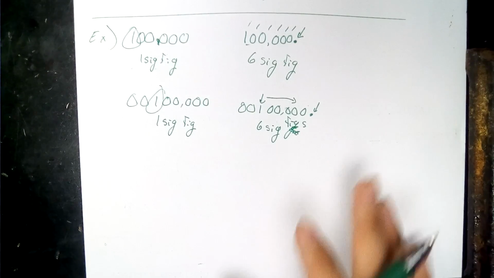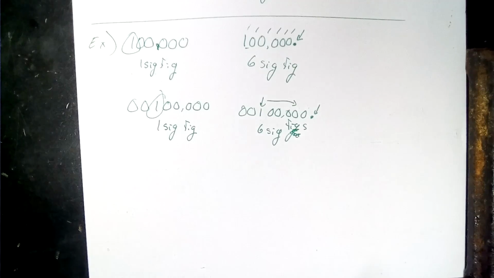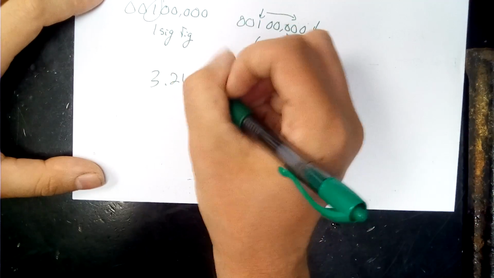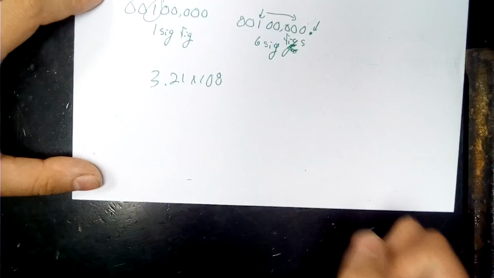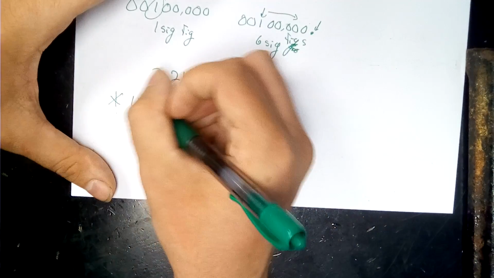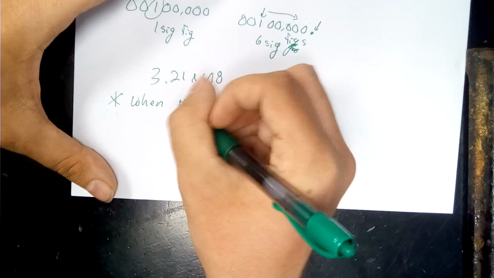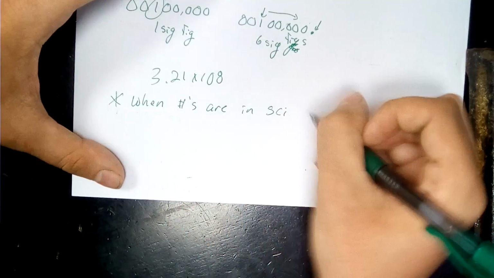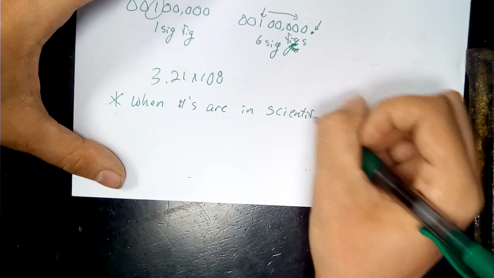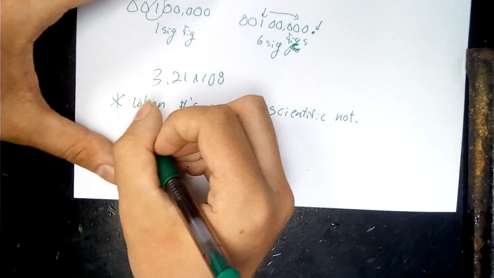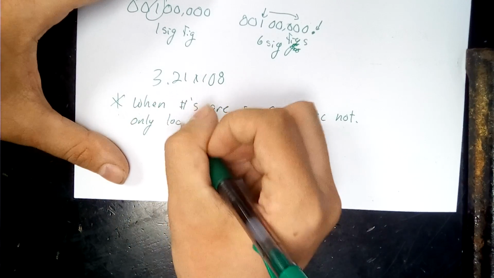When we are looking at numbers in scientific notation, so if I have 321 times 10 to the 8th, when numbers are in scientific notation, only look at the first part.